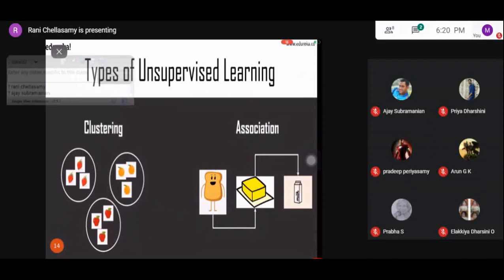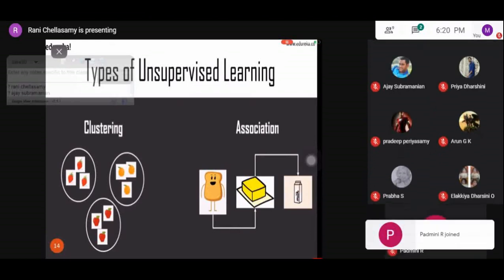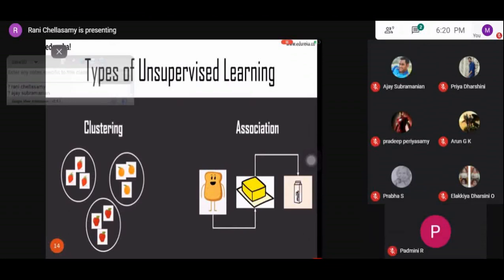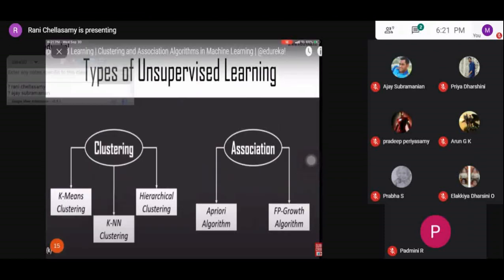Yesterday itself we have seen the association algorithm, that is, how to form the association rules, and what the measures to calculate the association rules are, that is, support, confidence and lift. These are the things we saw yesterday for association rule mining. Under clustering, we can go for K-means clustering, KNN clustering, and hierarchical clustering. Under association rule mining, we have two algorithms: one is called the Apriori algorithm, the other is called the FP-growth algorithm.